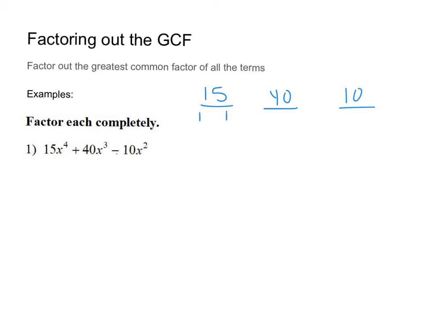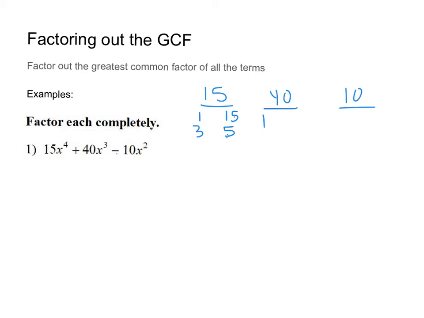We always start with 1 and the number itself, because 1 times 15 is 15. 2 times, well, nothing evenly will go into 15. 3 and 5, that'll work. Then we go to the next highest number, 4. 4 times nothing even is going to be 15. Then we get back to 5, so we've reached the other side. There are no other numbers we can use as a factor.